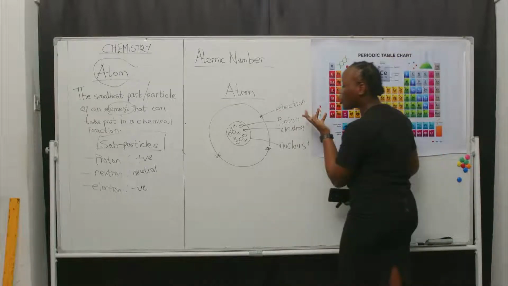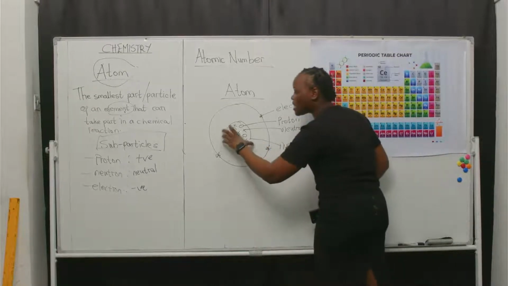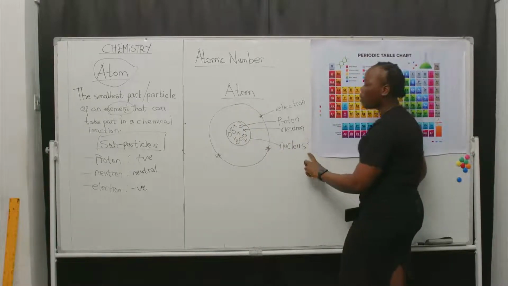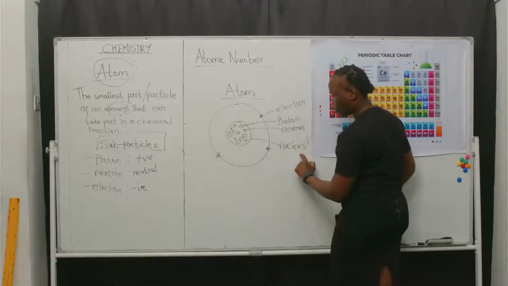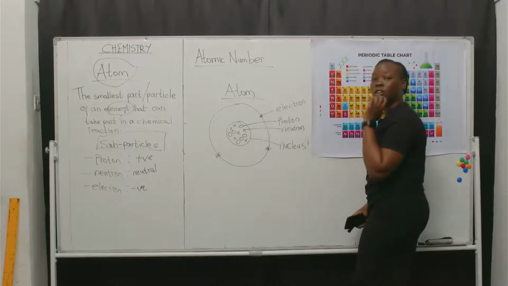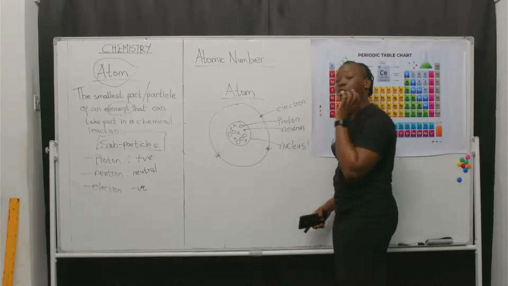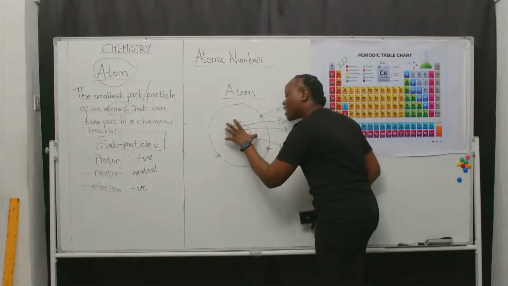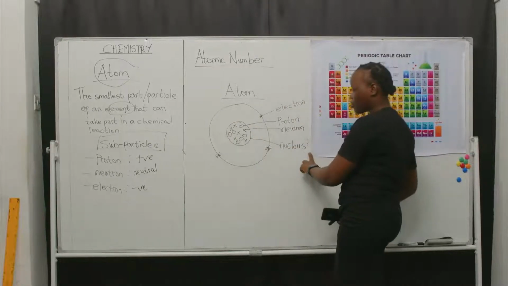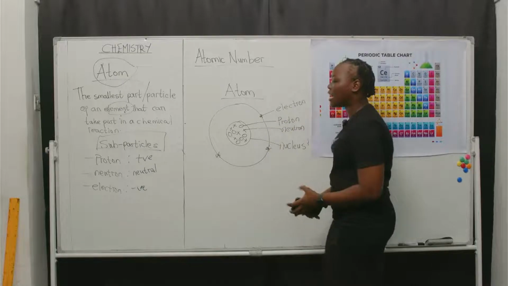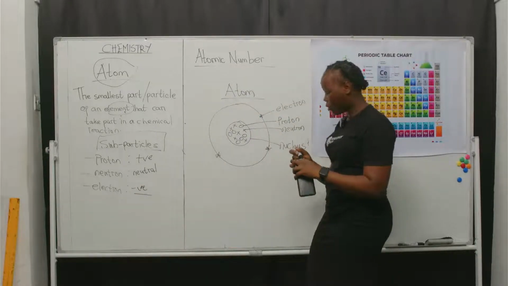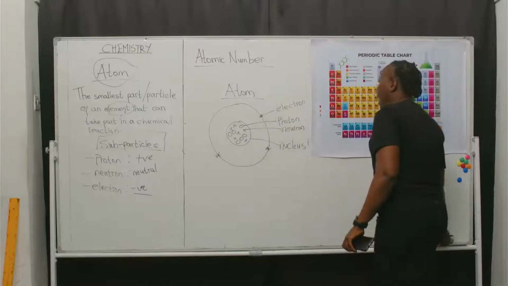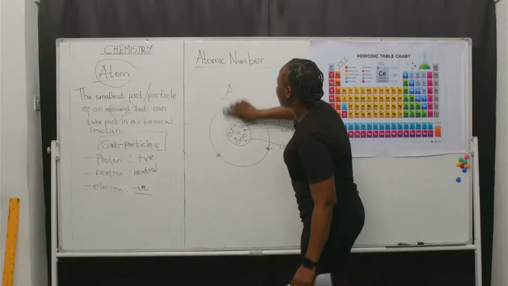That means the proton and the neutron are found inside the nucleus, whereas the electron orbits around the nucleus. The neutron, which is neutrally charged, and the proton, which is positively charged, are found inside the nucleus, whereas electrons, which are negatively charged, orbit around the nucleus. So let's move on to atomic number.